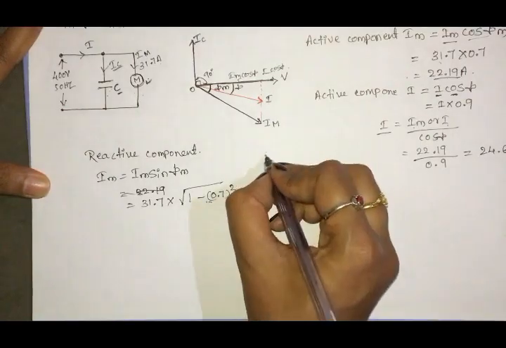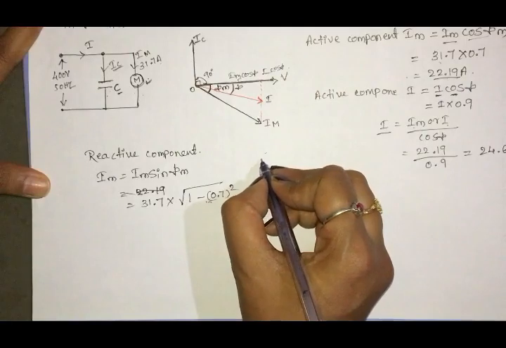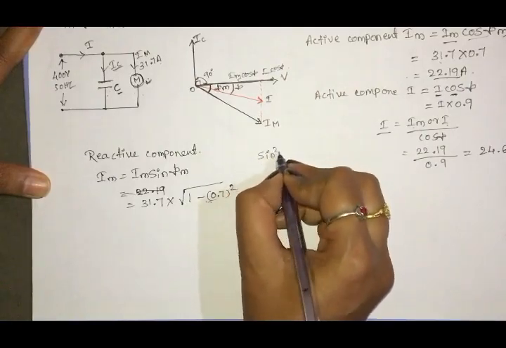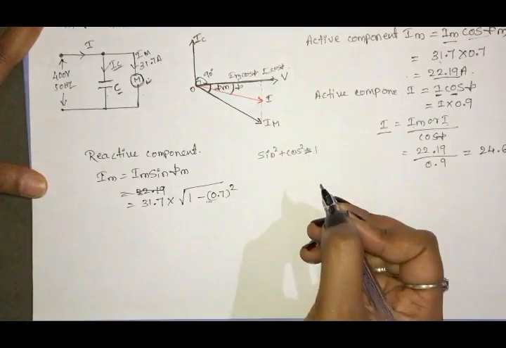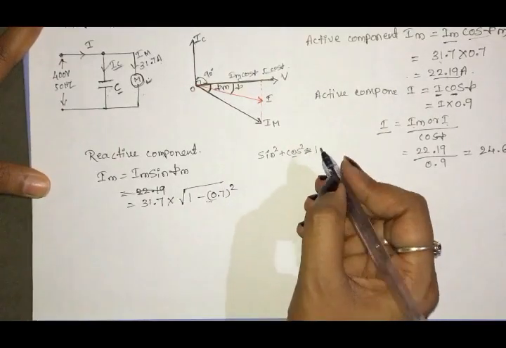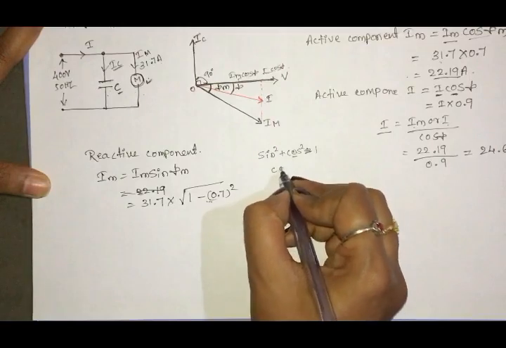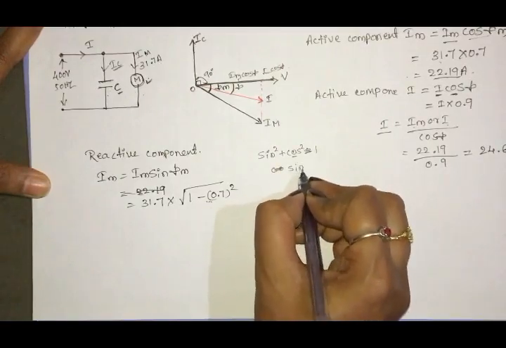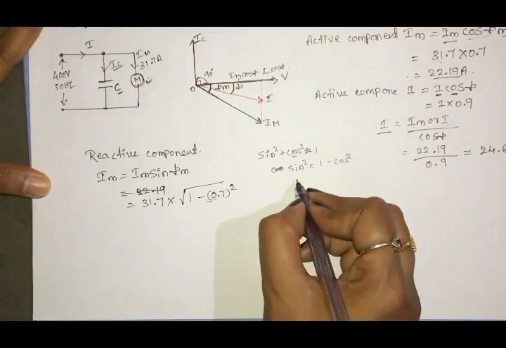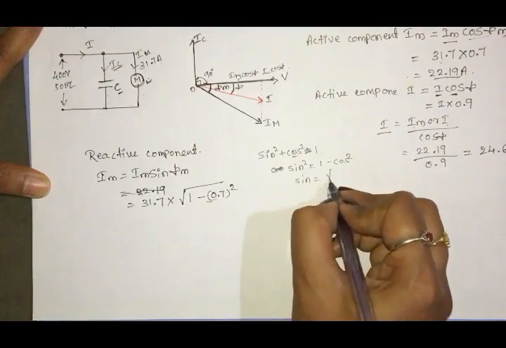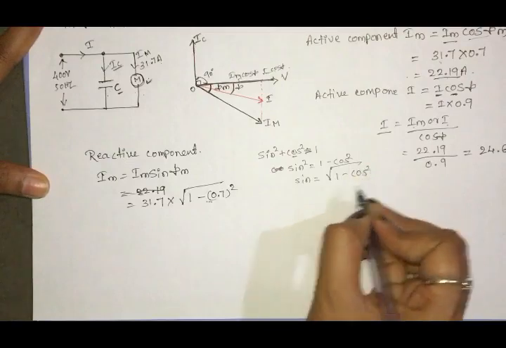This formula is based on sin square plus cos square is equal to 1. So we know cos square, and I have taken sin square outside. What I'll get is 1 minus cos square, so sin is equal to square root of 1 minus cos square.